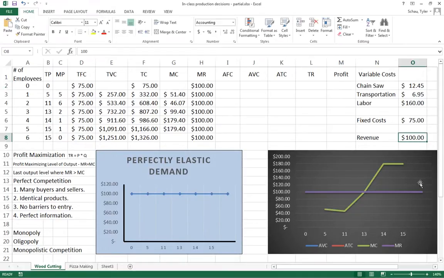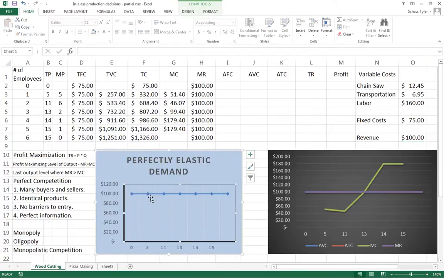If you sell a second cord of firewood, you can sell the second one for $100. The additional revenue received from selling the second cord of firewood is going to be $100. In perfect competition, since we've got this perfectly elastic demand curve down here, the marginal revenue is going to be the price, the market determined price of the product. And so that's why marginal revenue is $100 at each point here.